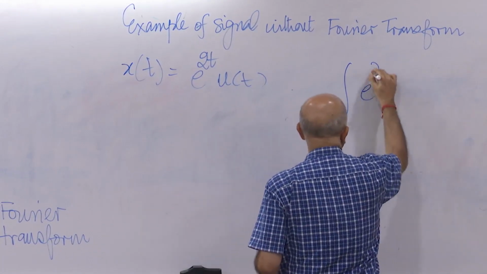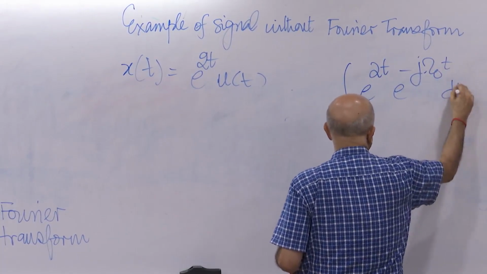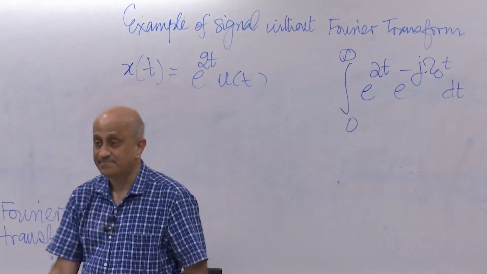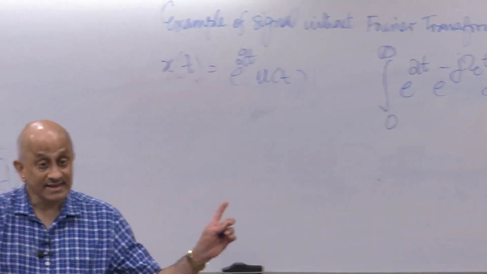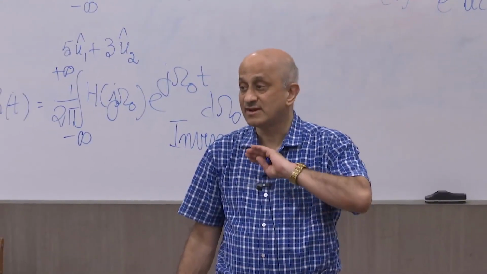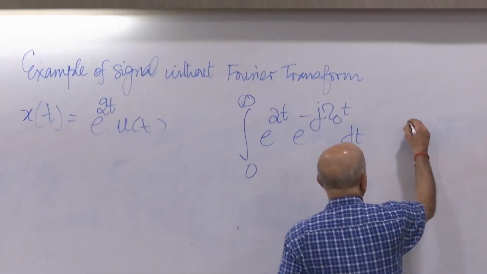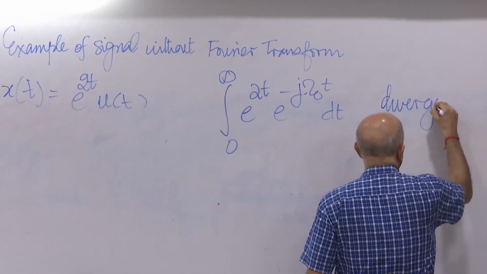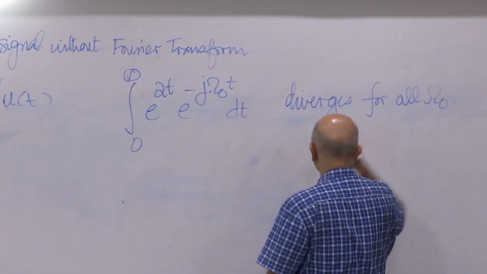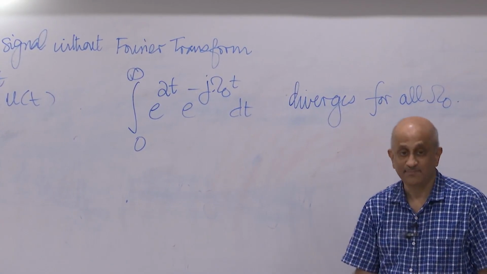It would be the integral of e raised to the power 2t, e raised to the power minus j omega t dt, integrated from 0 to infinity, because there's a u of t there, right? Now, is this integral convergent for any omega? No. This integral diverges for all omega. And therefore, this signal has no Fourier transform, right?